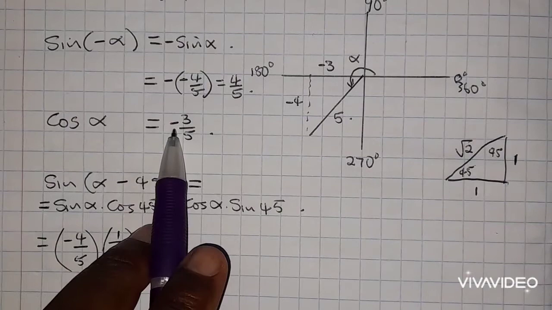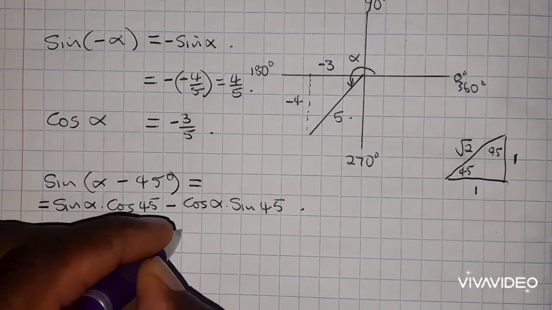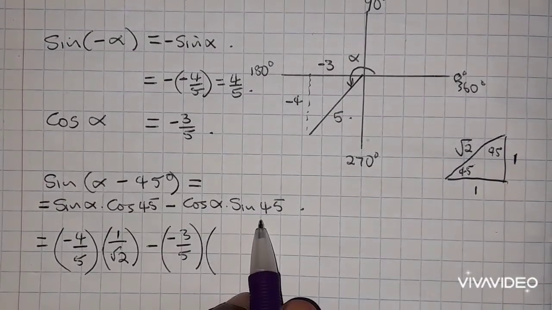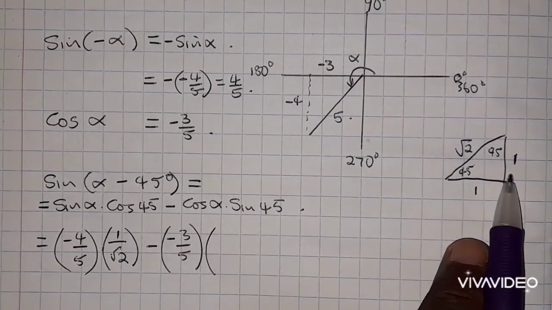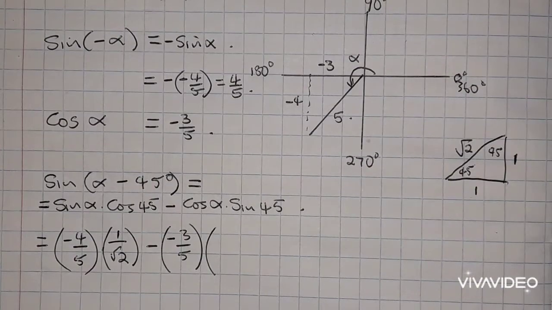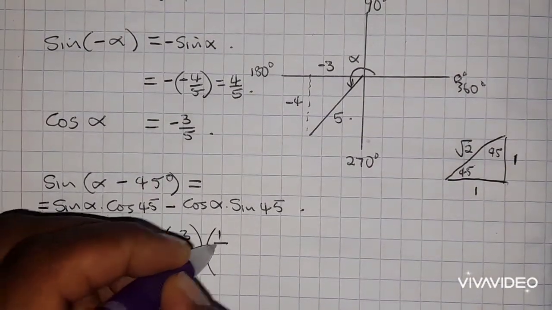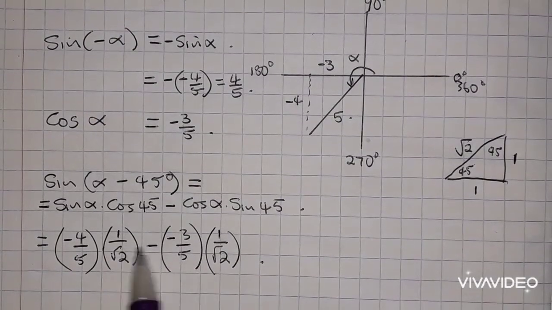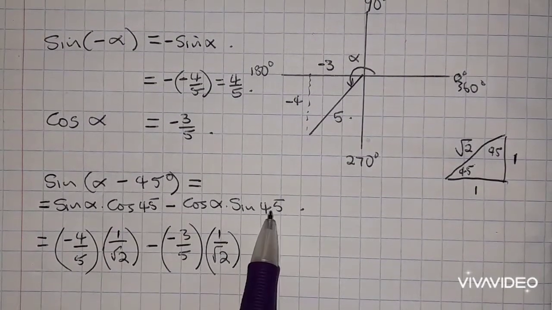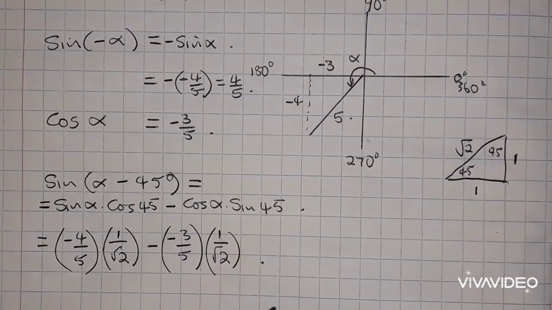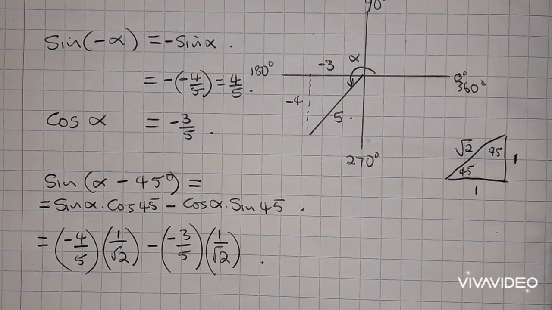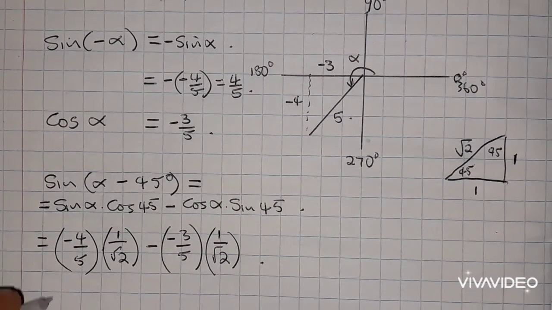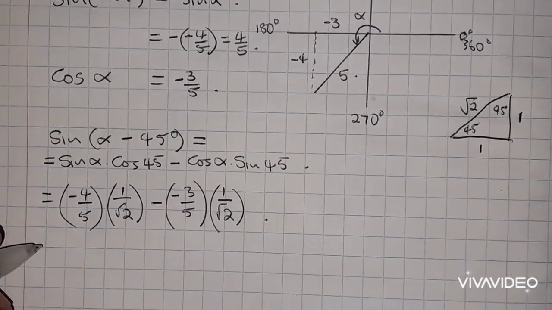Our cos alpha, we got it here, is negative 3 over 5 multiplied by sine 45, which is opposite over hypotenuse, that's 1 over root 2. You should notice that these are equal. Cos 45 is equal to sine 45, co-functions. 45 plus 45, that's 90.